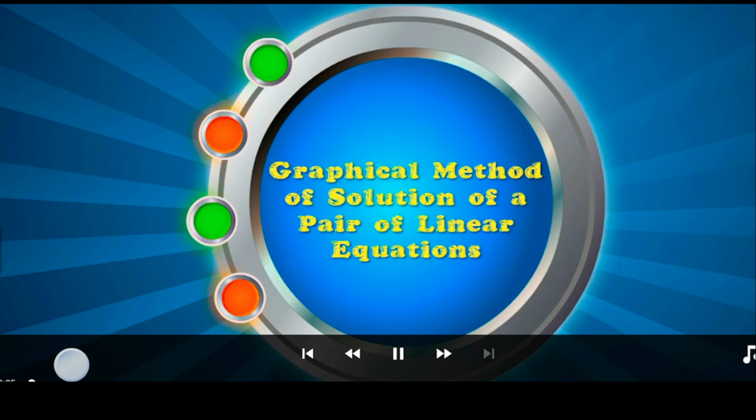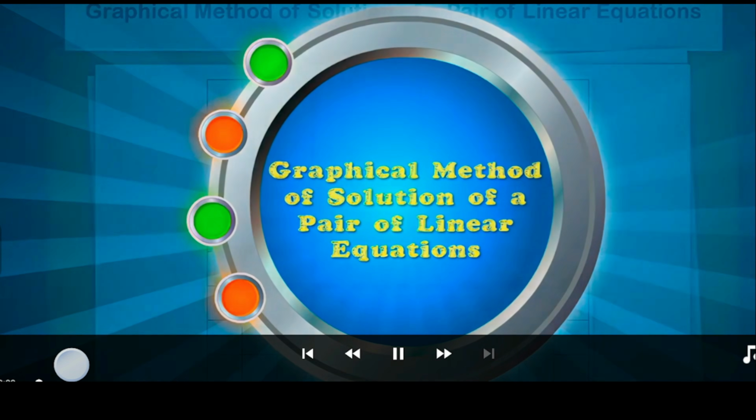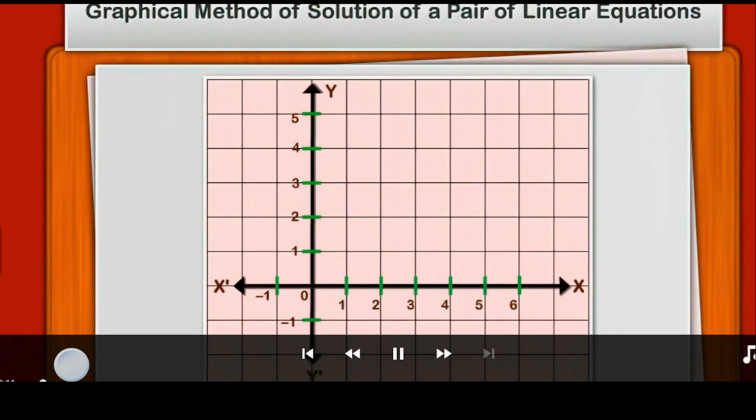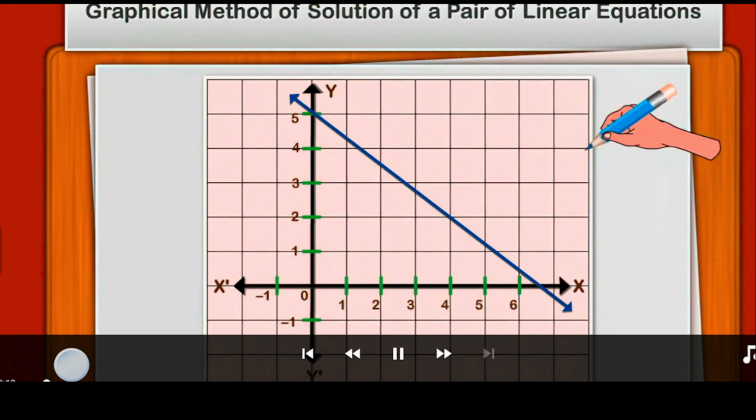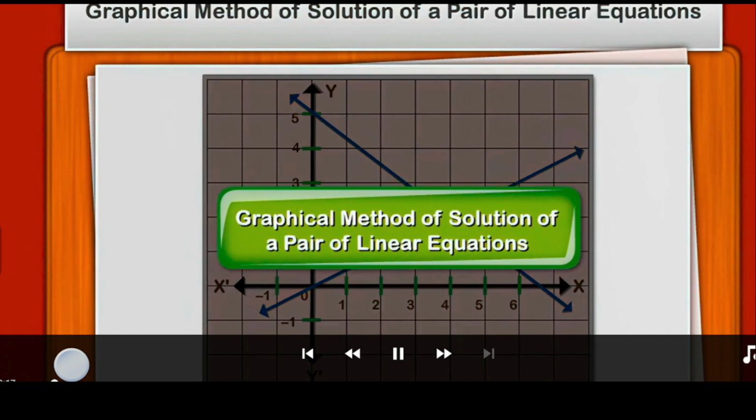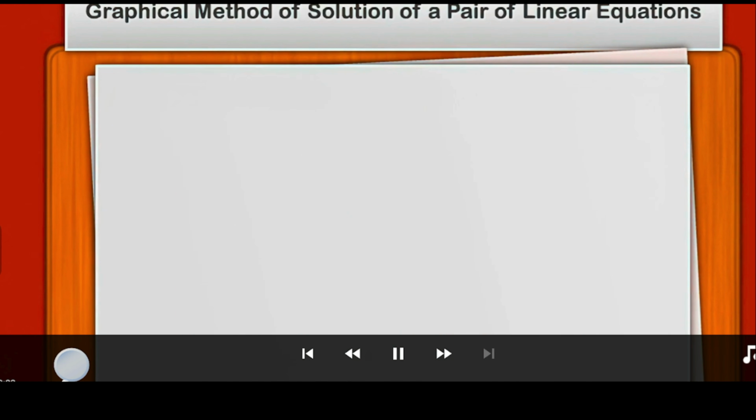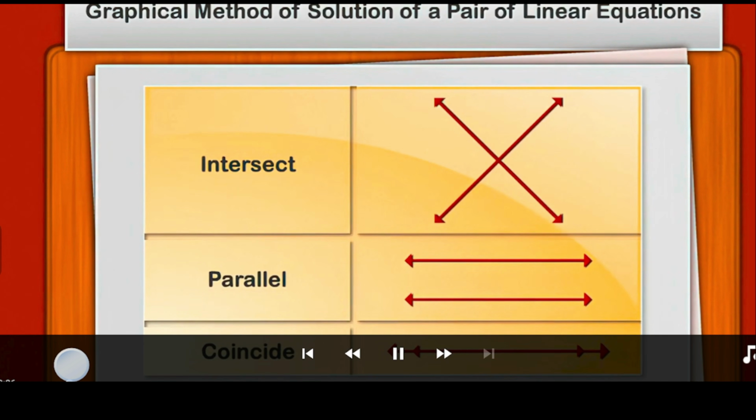Graphical method of solution of a pair of linear equations. Here we will learn the graphical method of solution of a pair of linear equations. We have seen how we can graphically represent a pair of linear equations as two lines.